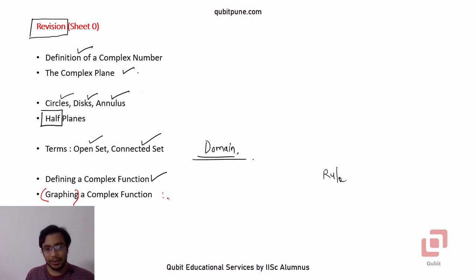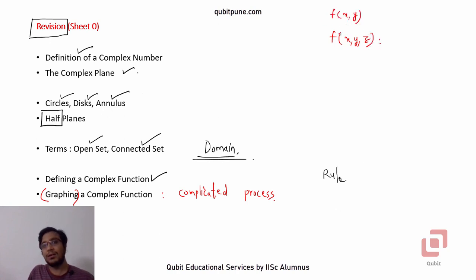So this is a bit complicated process because we don't have the ability to visualize two input variables and two output variables. I mean, we have already seen this when we talked about functions of three variables. It was okay when we had functions of two variables, we reserved the third axis for the value of the function, so we could graph this as a surface in 3 dimensions.